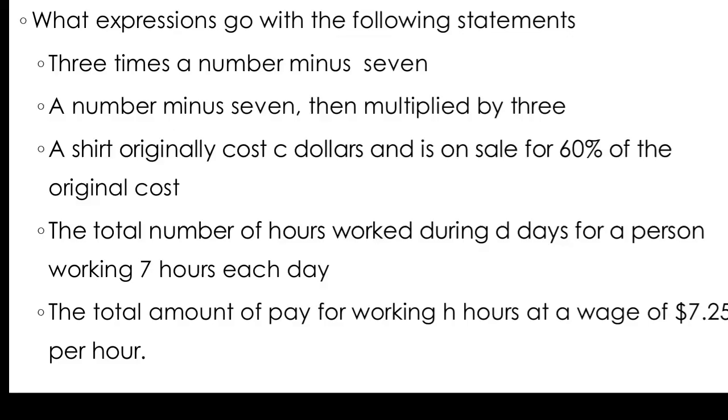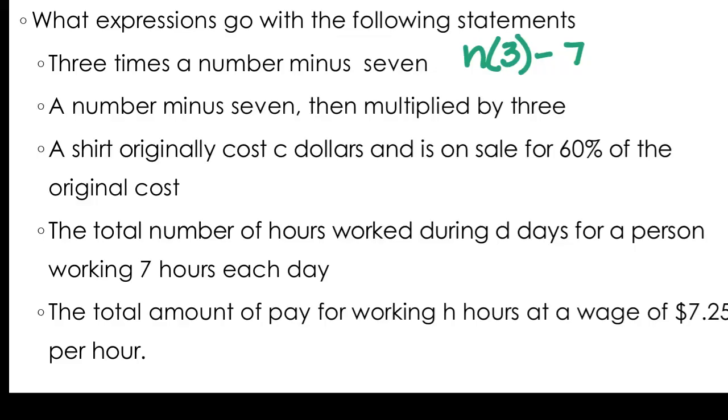Nehemiah? I just put N for number and I put 3 in parentheses. So tell me exactly what you wrote. N parentheses 3, like this? Yeah. And then minus 7. Okay.